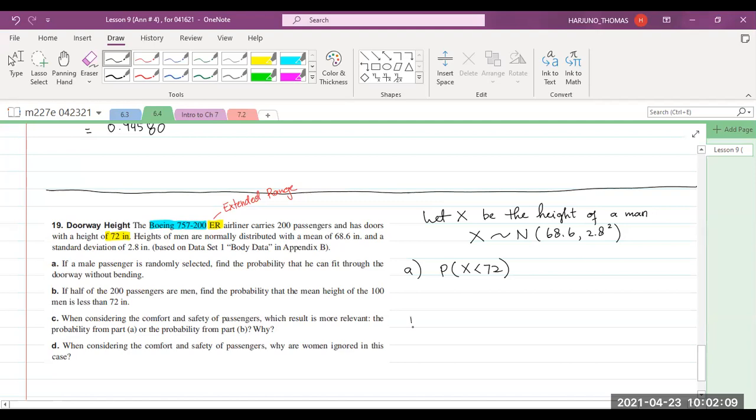Okay, part B. If half of passengers are men, so N is equal to 1/2 times 200 passengers, that's 100 passengers, right? Find the probability that the mean height of the 100 men is less than 72 inches. So find the probability that the average height of these 100 men is less than 72 inches.